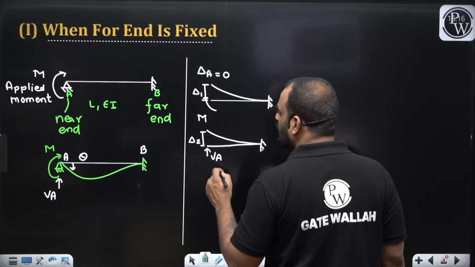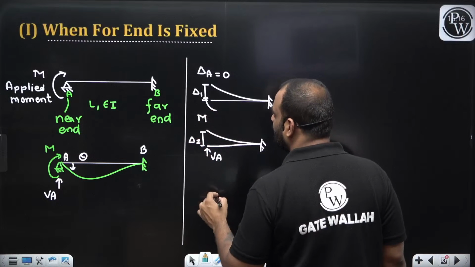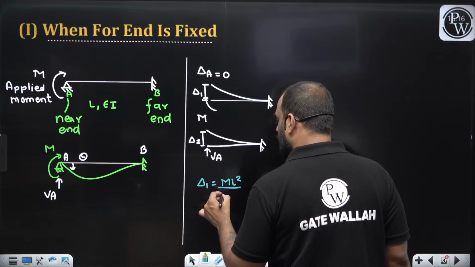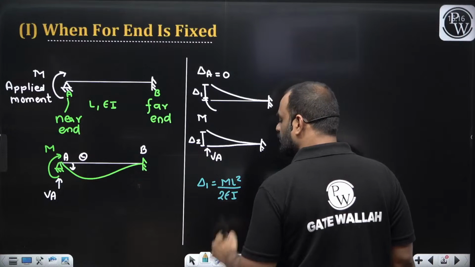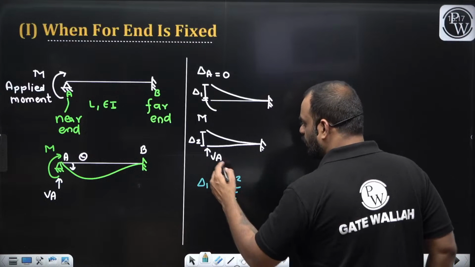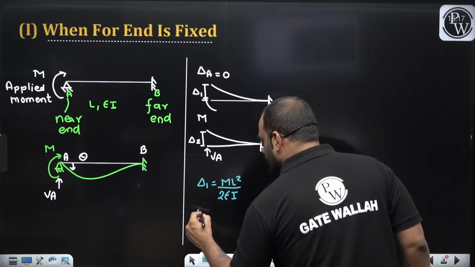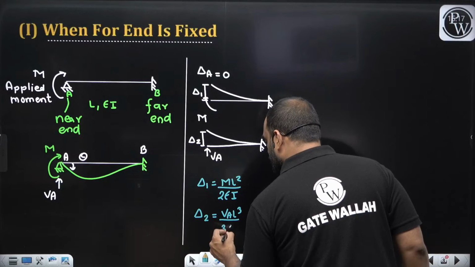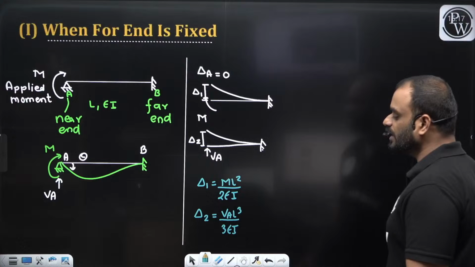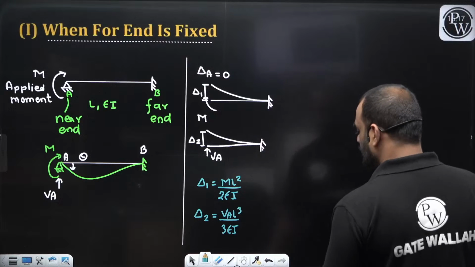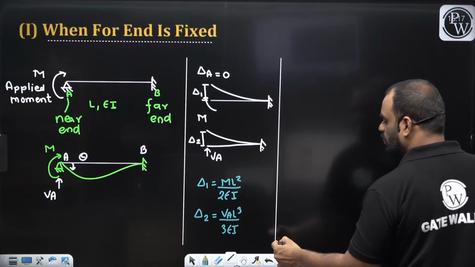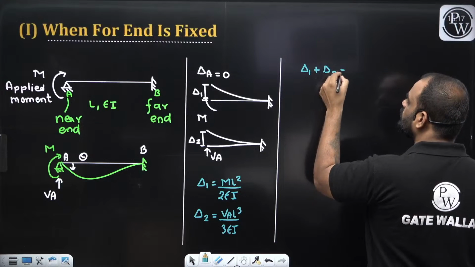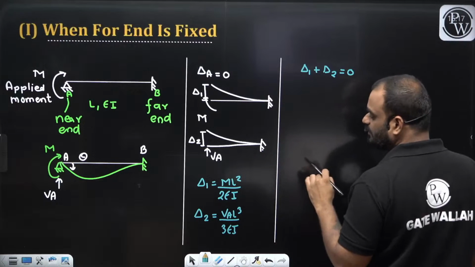Clear? Now guys, you can see here, due to this M value, the value of delta 1 is ML square upon 2EI. And delta 2 is equal to VA L cube upon 3EI. Now we know that the net displacement should be equal to 0, so delta 1 plus delta 2 is equal to 0.